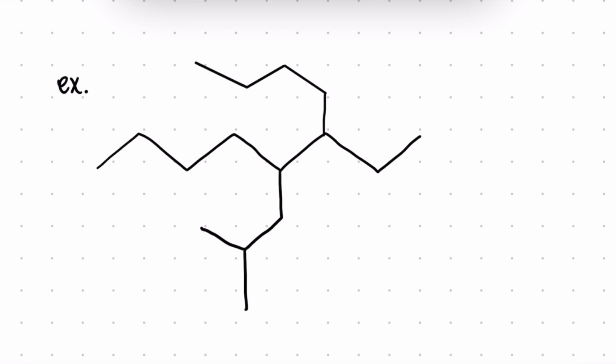Let's see. So obviously the first step that we're going to do here is find the longest chain, or find the parent chain. So what we're going to do here is find out the chain. 1, 2, 3, 4, 5, 6, 7, 8. That's an 8-membered chain right there.